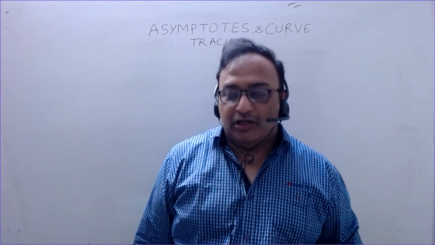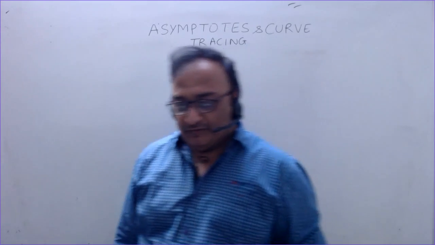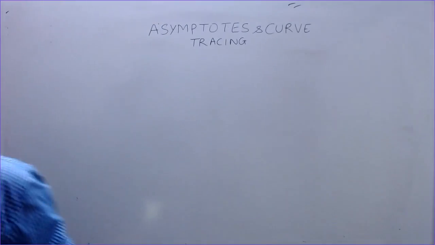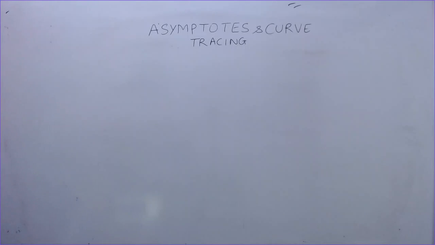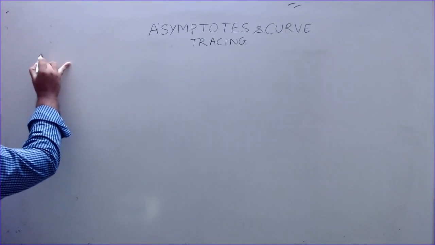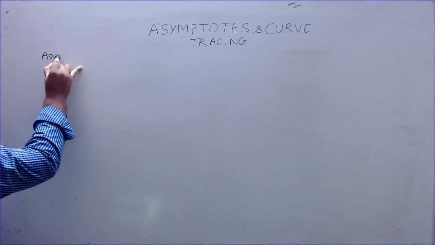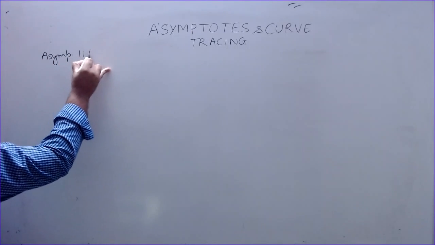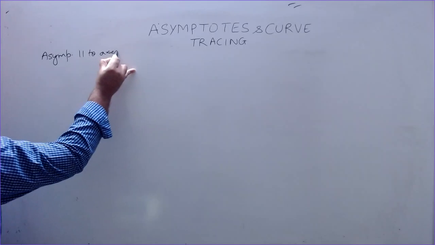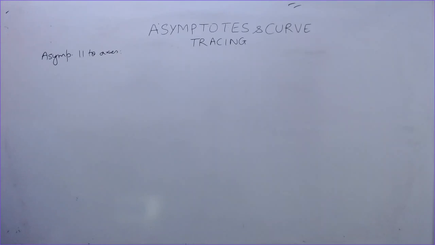So I am not talking about them, that we will be discussing separately. Here only for the Cartesian curves. So if you have to find asymptote parallel to axis, how to find it?